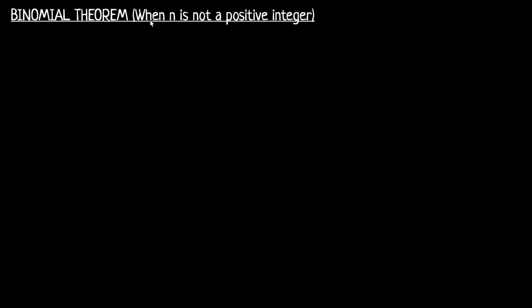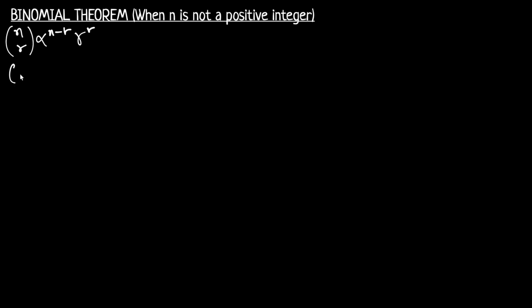Now, we mentioned in our previous video that every term in a binomial series can be written in the form n combination r, alpha raised to the power of n minus r, and gamma to the power of r.